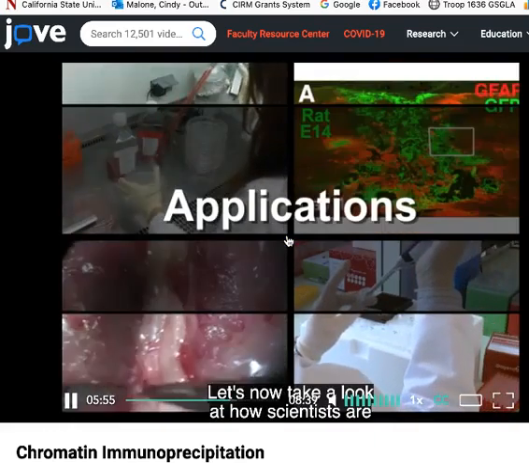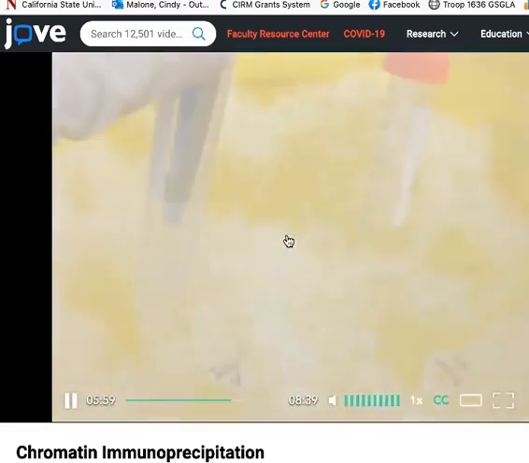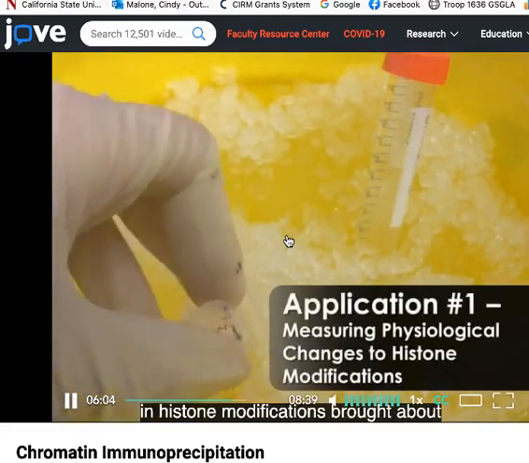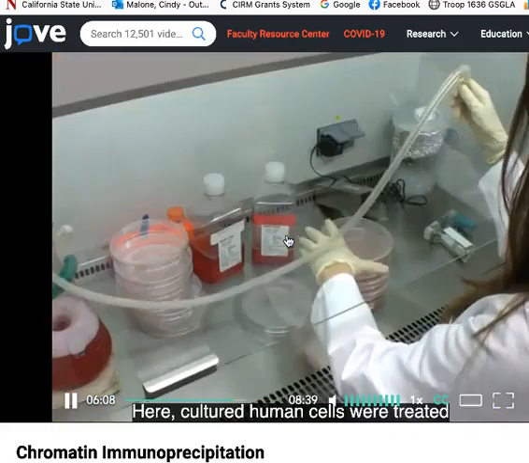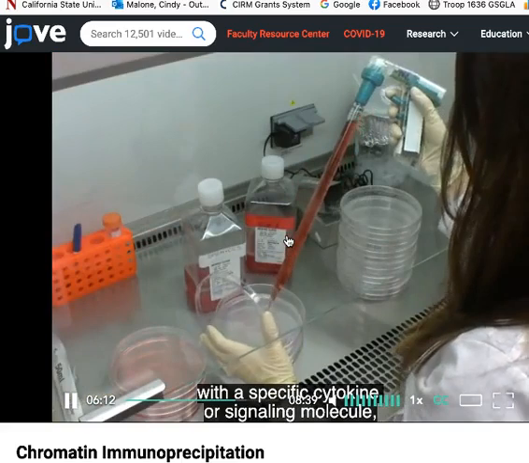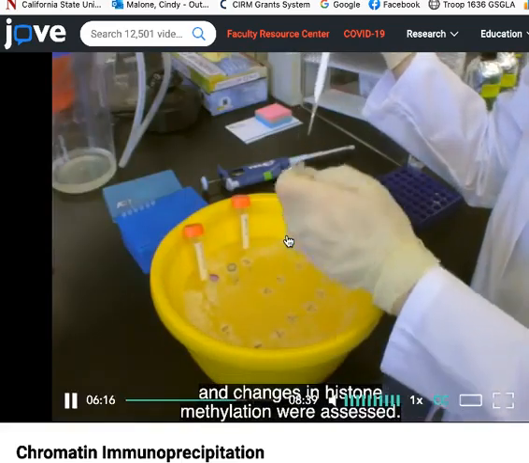Let's now take a look at how scientists are currently using ChIP in their labs. Many researchers use ChIP to evaluate changes in histone modifications brought about by extracellular signals. Here, cultured human cells were treated with a specific cytokine, or signaling molecule, and changes in histone methylation were assessed.